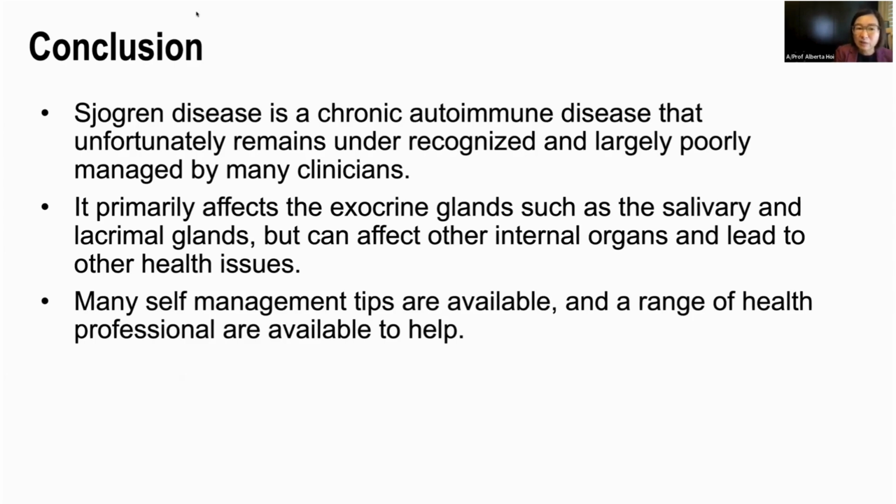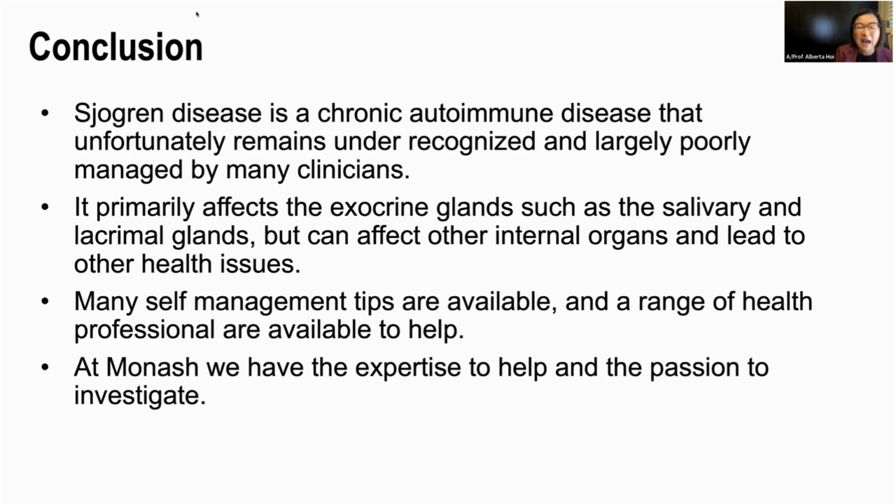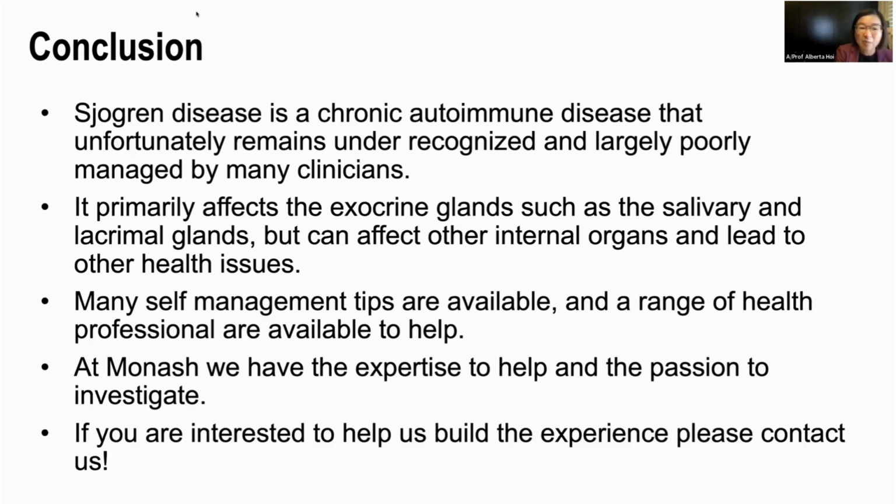There are many self-management tips that I've highlighted, but there is also a range of other health professionals, like the optometrist or your dentist, who are available to help. And at Monash, we do have the expertise to help and the passion to investigate. So those of you from Melbourne, if you want to take part in the registry, we definitely welcome that.